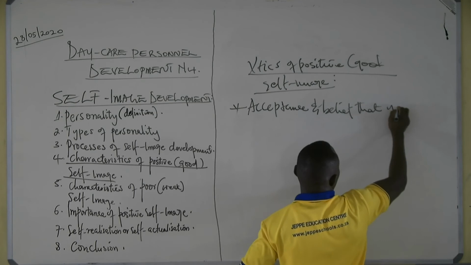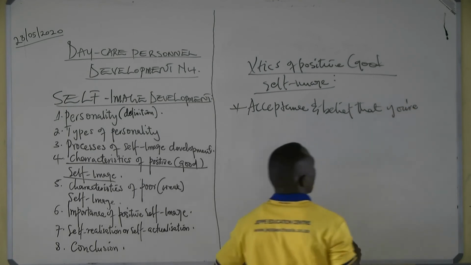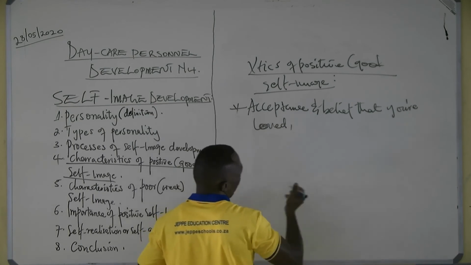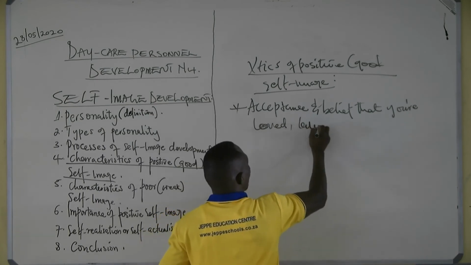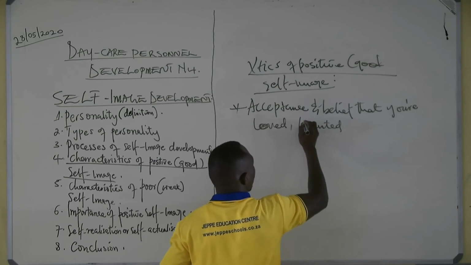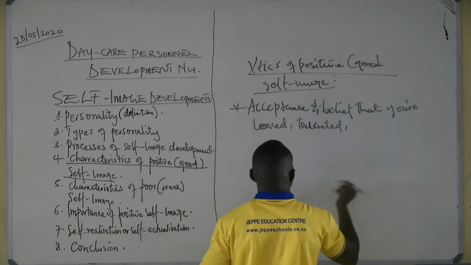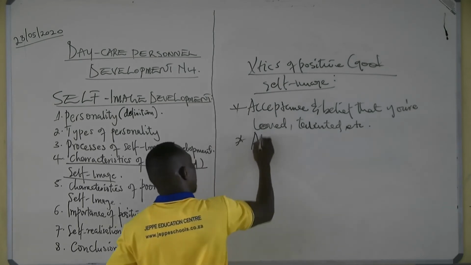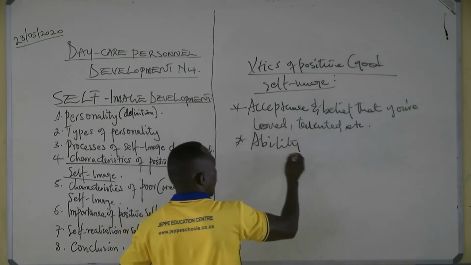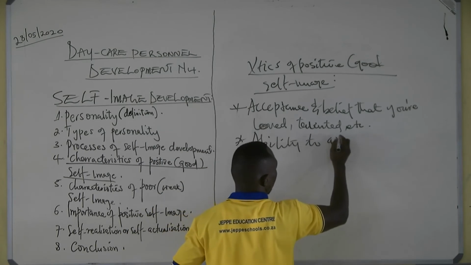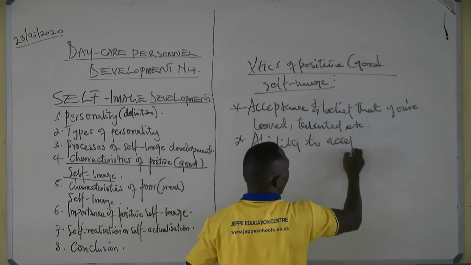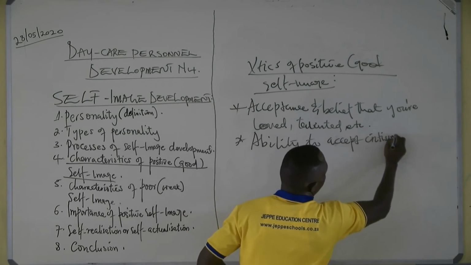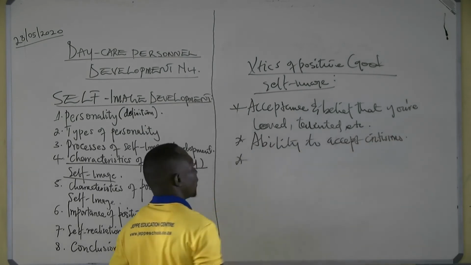acceptance and belief that you are loved. For example, that you are loved, you can say that you are talented, etc. Then ability to accept criticisms.